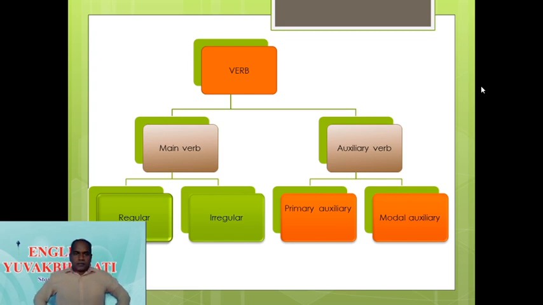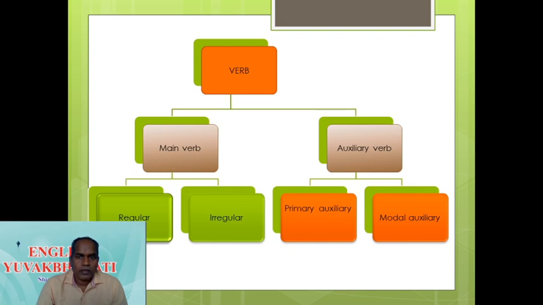So here, before starting the topic, we must know all the parts of the verbs. Up to 10th standard we might have discussed the forms of the verb, but here we are going to discuss the types of verbs at first.